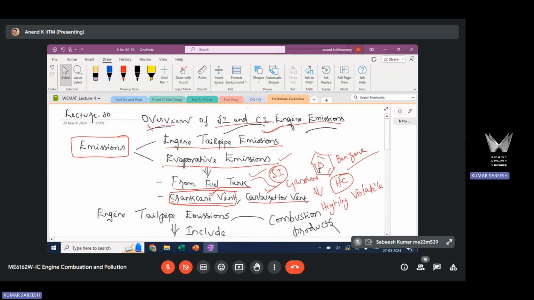So blow-by exists in both SI and CI engine. You cannot do a perfect sealing. Piston cannot perfectly seal the high pressure gases from leaking out to the crankcase.